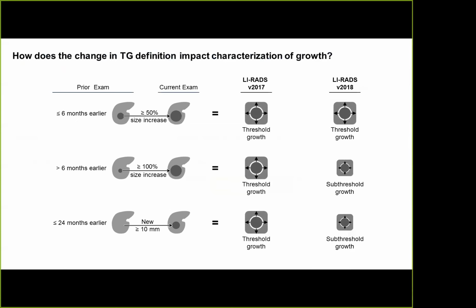But in 2018, the criterion now is that only a 50% or greater increase within 6 months is threshold growth. Everything else is subthreshold growth. So whichever of the other two criteria used to be threshold growth is now subthreshold growth. Any change in size that is less than a 50% increase in 6 months is considered subthreshold growth.